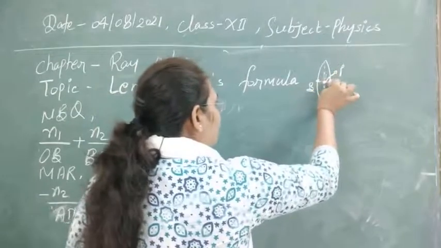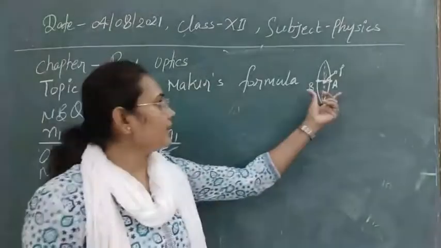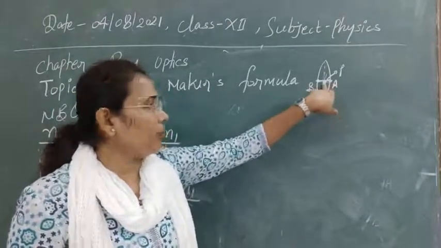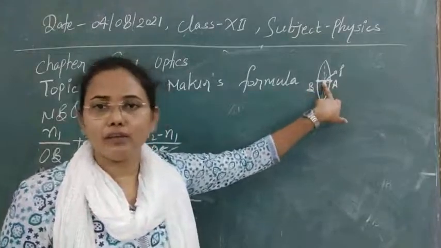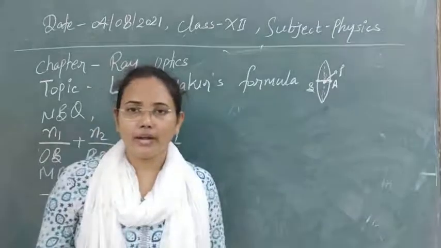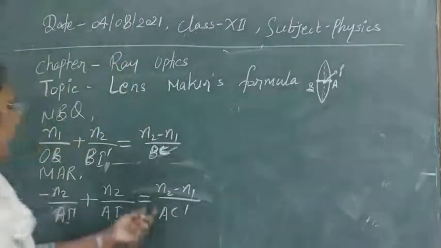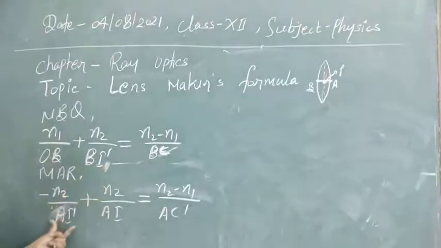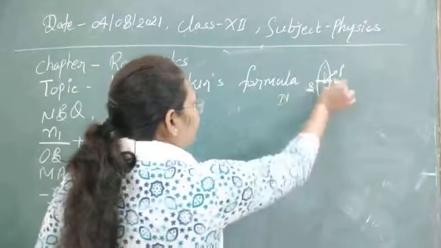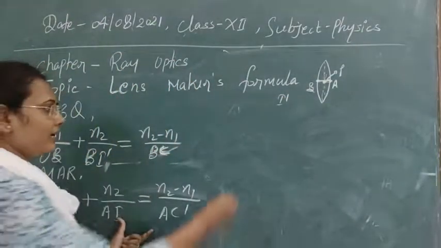As I have told you, as this thickness is not very much, we can think within the limitation I just told you that points A and B will coincide with the point P, and all the distances measured from B or A will be taken from P. So the two distances BI dash and AI dash, from B we measured I dash, from A we measured the same point I dash, will be equal in this case.